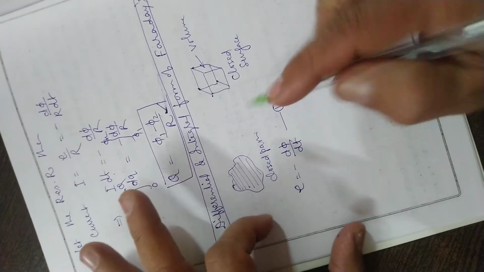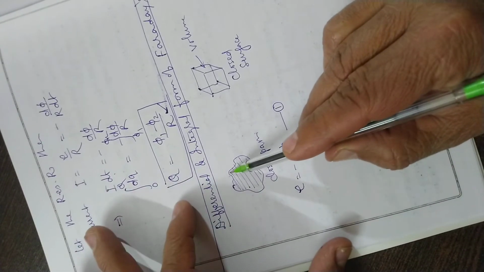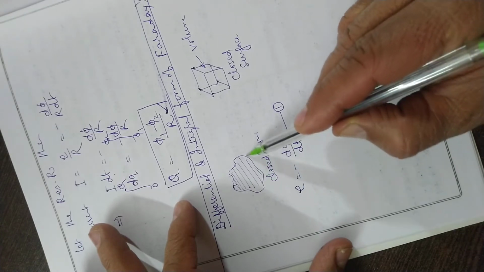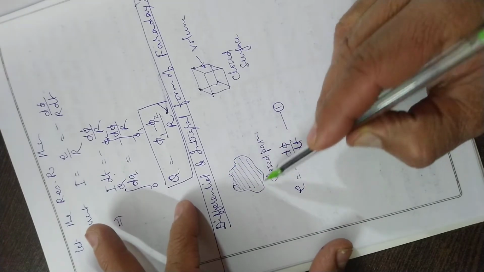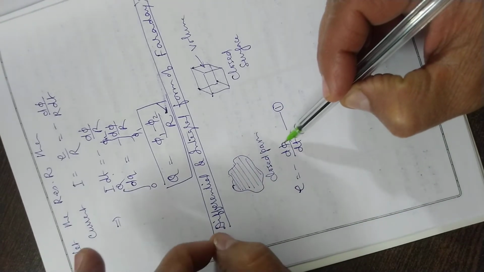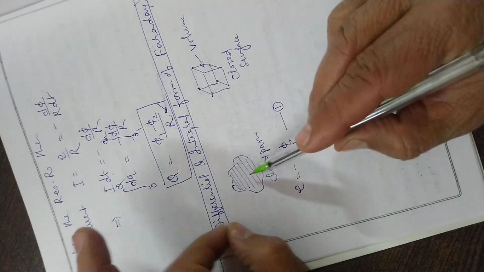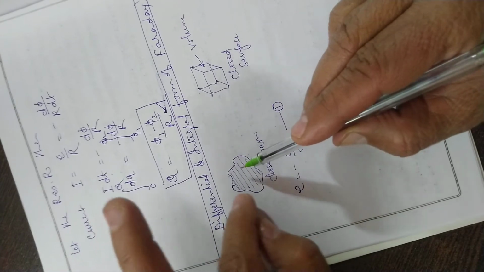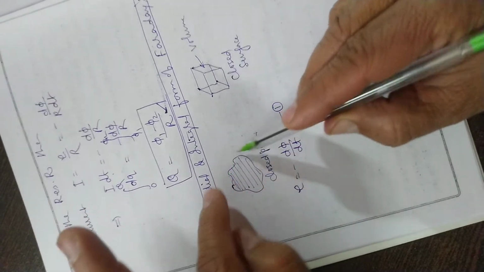What is this phi? Look, phi is the magnetic flux which is passing through the surface which is enclosed by the closed path. Listen again: here phi is the magnetic flux defined for the surface which is enclosed by the closed path.